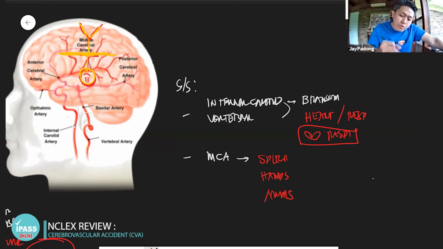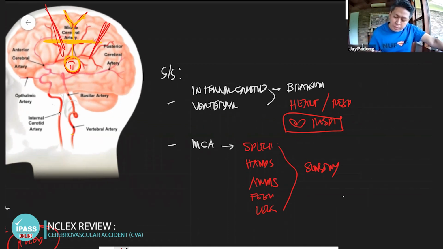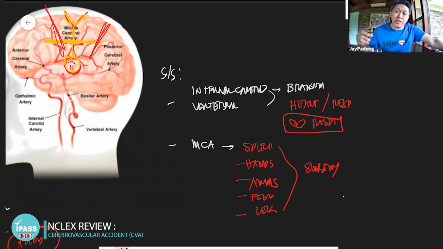And the intricate arteries down towards this portion can also be affected, as well as legs. Remember what I told you about this portion here? Somatosensory, sensory function. If it talks about sensory function, particularly your hands, arms, feet, and legs, there's paresthesia and numbness, as well as weakness.